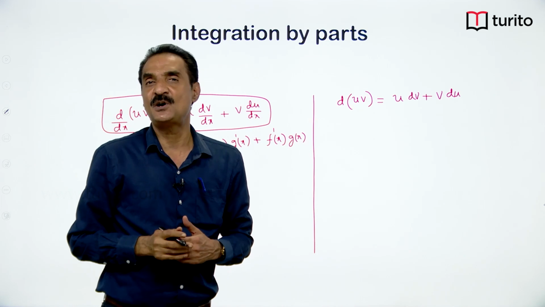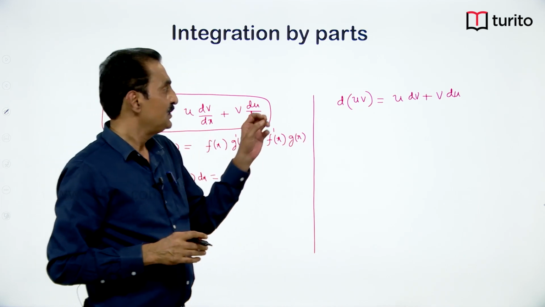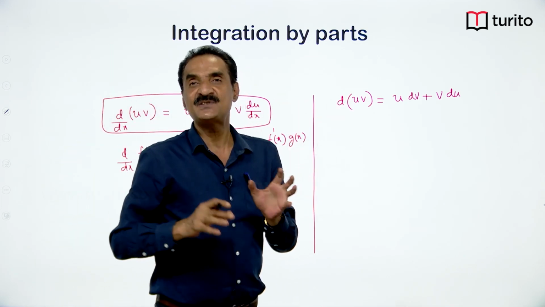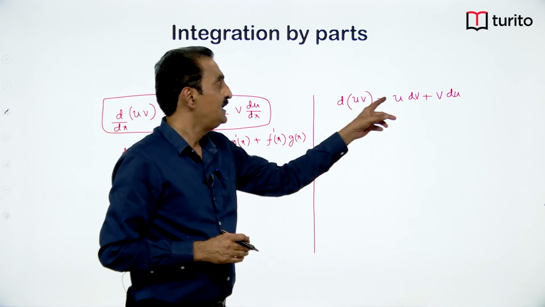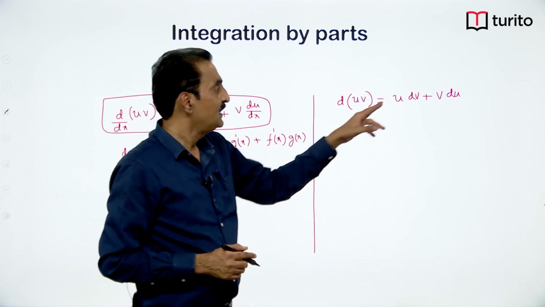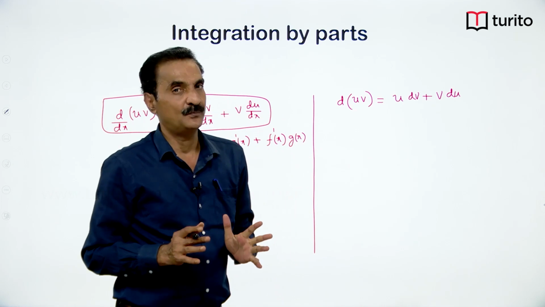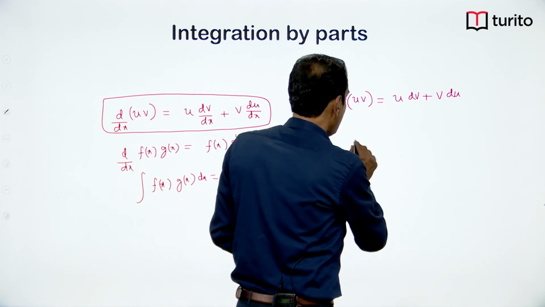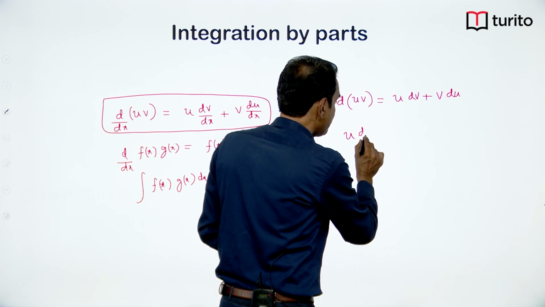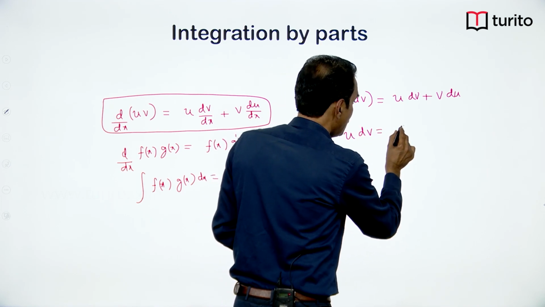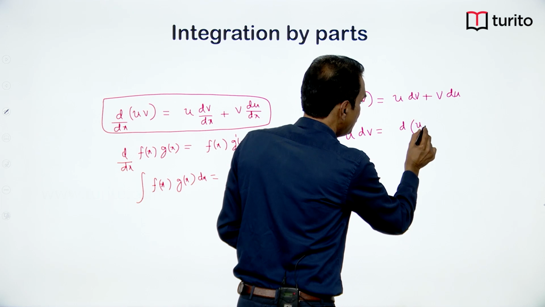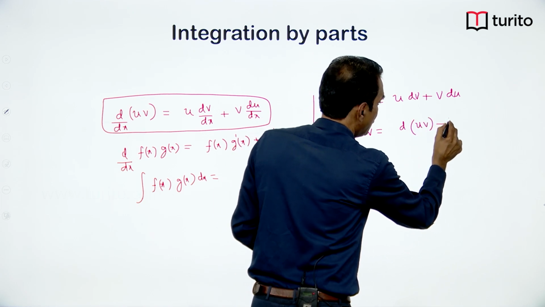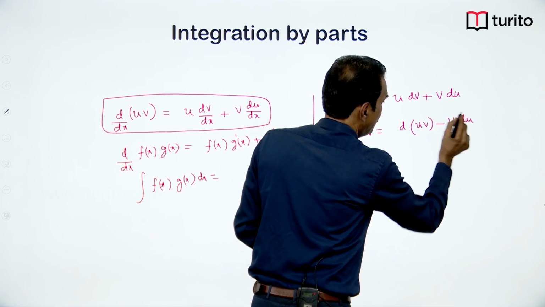After cancellation of dx, you need to understand that d of uv means derivative of uv, dv means derivative of v, du means derivative of u. Okay? Now u dv is equal to d of uv minus v du.